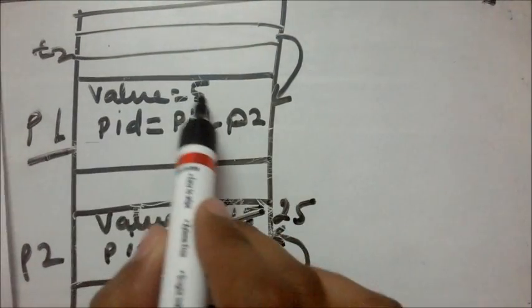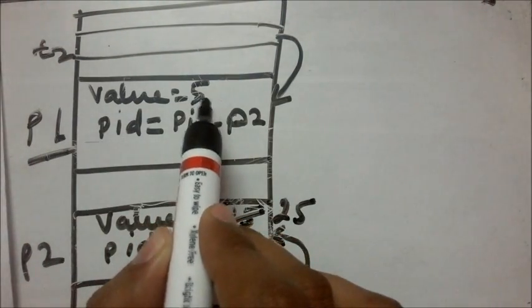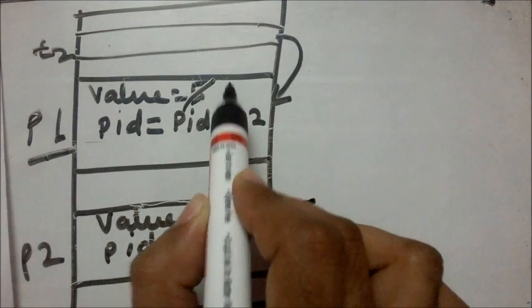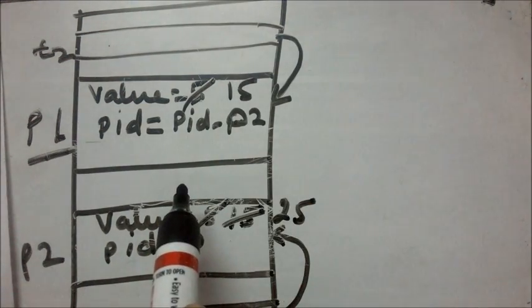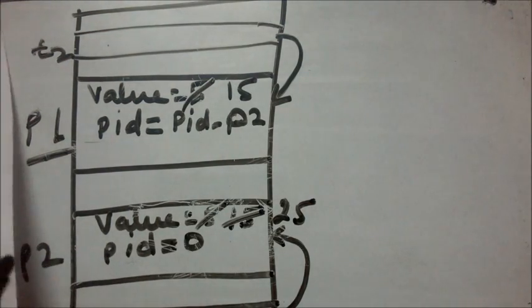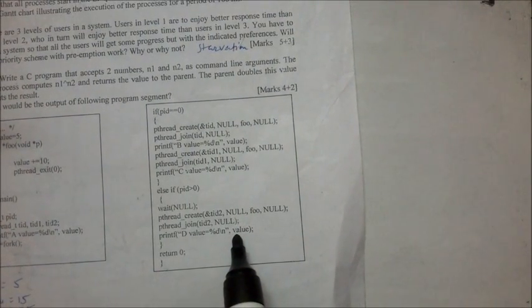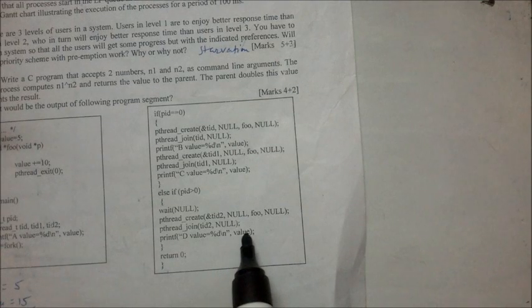For this thread T2 value is equal to 5, so it will update this value to 15, right? And then printf d value is equal to percentage d value.